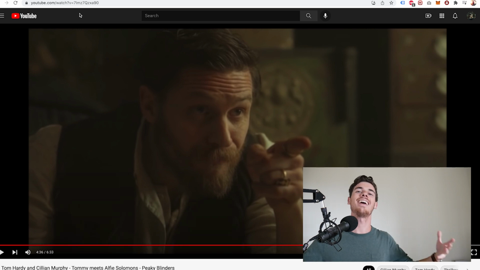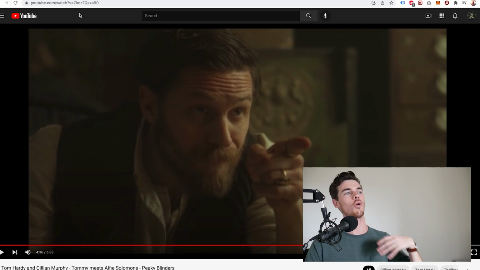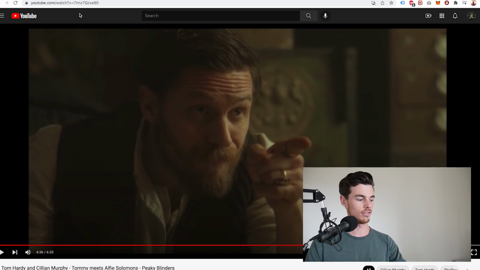Now, finally, you can have fun as the writer and think about how does this scene actually play out? How does the dialogue flow and stay on task, but move the story forward, and we can see and feel the characters, right? Now we get to spend time with the characters. Now we get to see who Alfie Solomons is in this scene, how he reacts to things, how he talks, how he speaks, what he's doing.